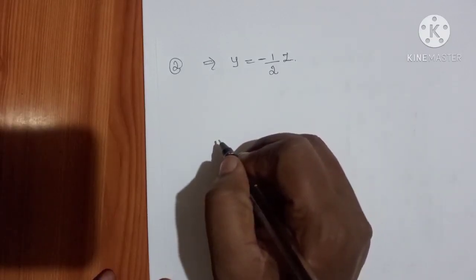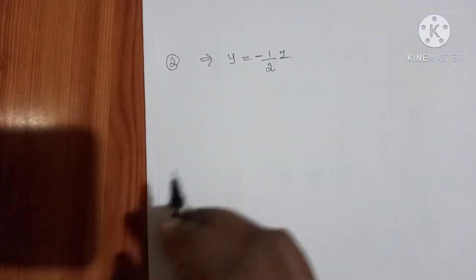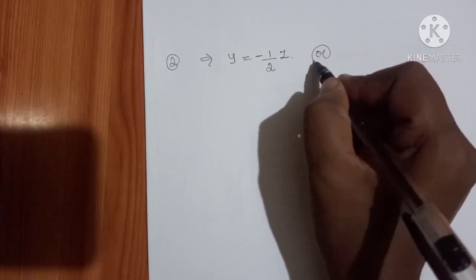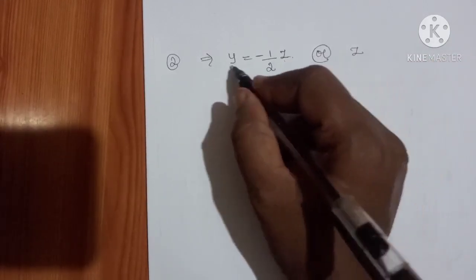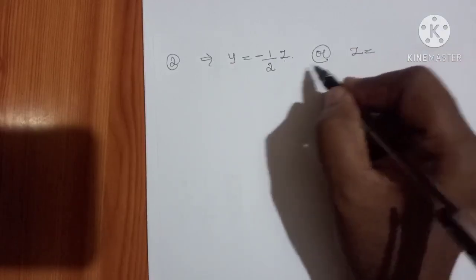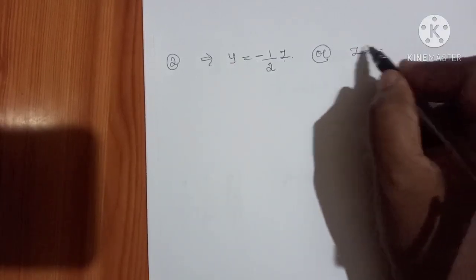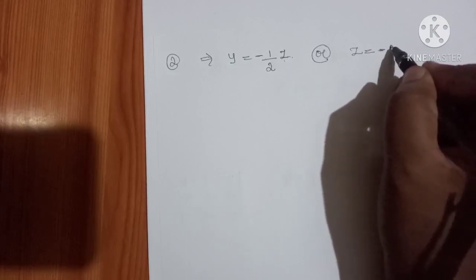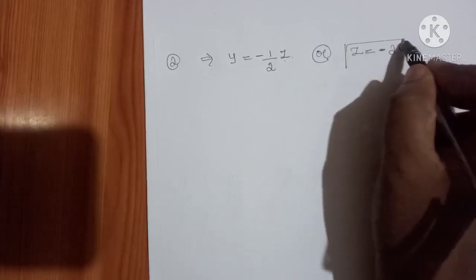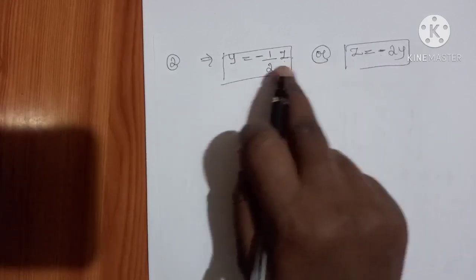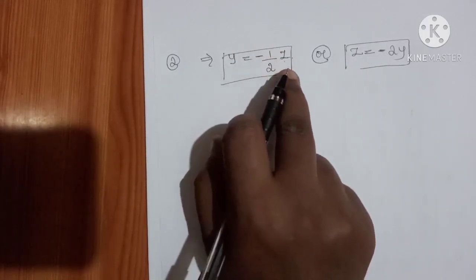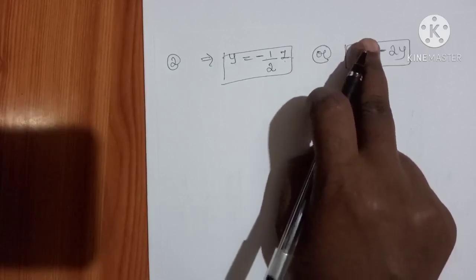Or this can also be written as z equals to, sending this 2 to the LHS side, we get 2 into y, and because of this minus sign we get minus 2 into y. So we can express either in this way or in this way: y is expressed in terms of z or z is expressed in terms of y.